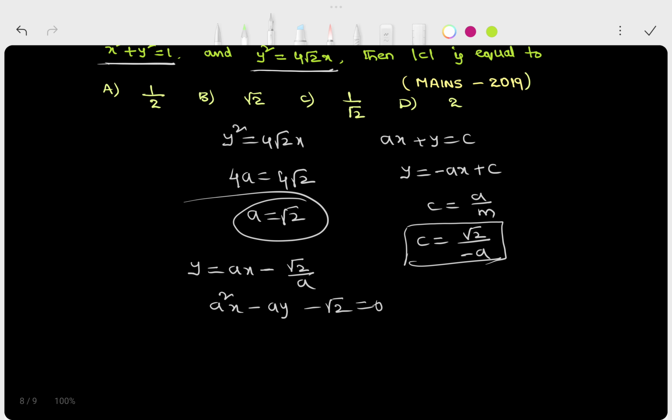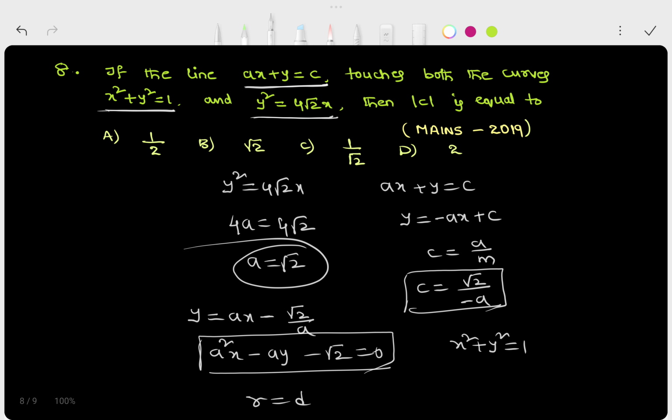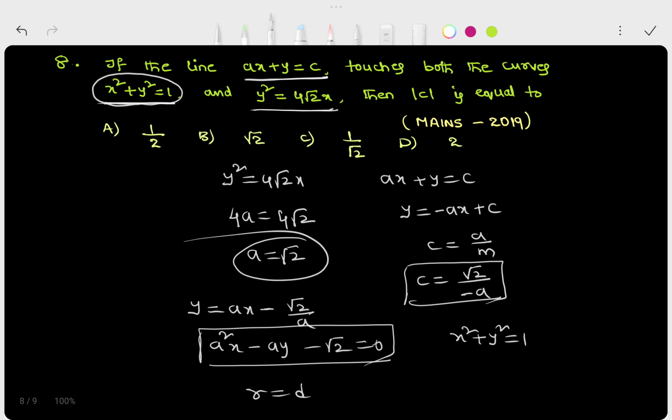You know, any line that is a tangent to the circle, we know, just in the previous question I explained to you, r is equal to d. What is the circle equation? x square plus y square is equal to 1 is the circle.